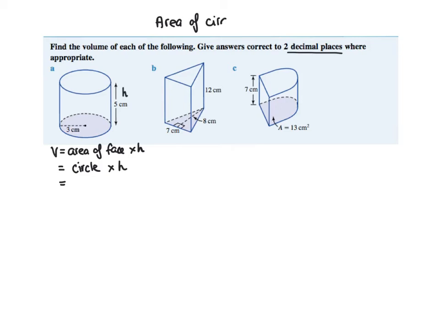I'm not sure if it's on your formula sheet. So it's pi r squared, where the distance from the center to the edge is the radius. So if I write the formula for that, pi r squared times height, so I'm continuing to find the volume. It'll be pi, which is a button on your calculator, times the radius, 3 squared times 5. So you pop that in on your calculator.